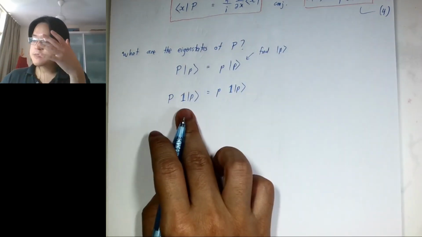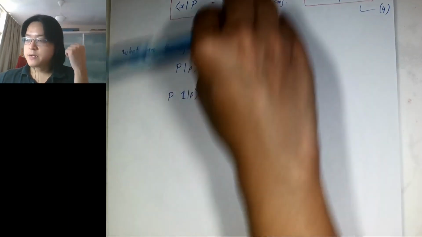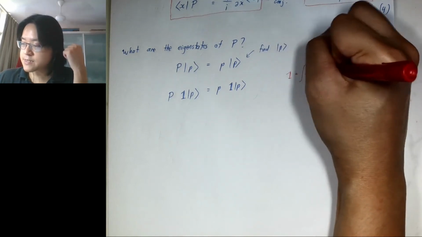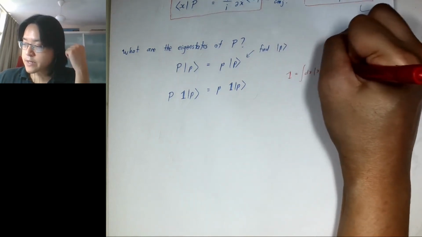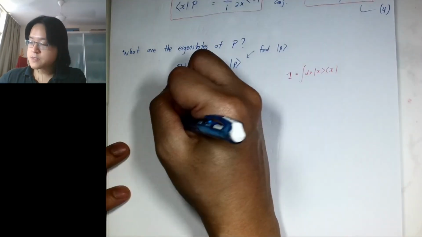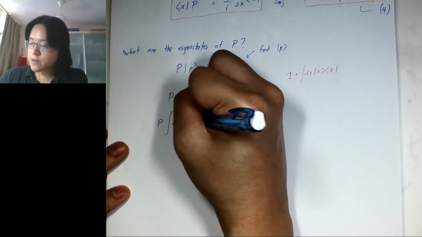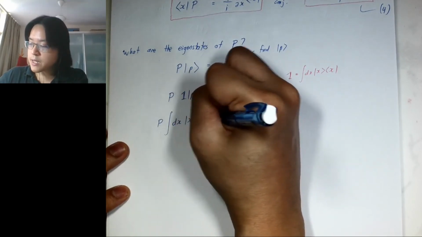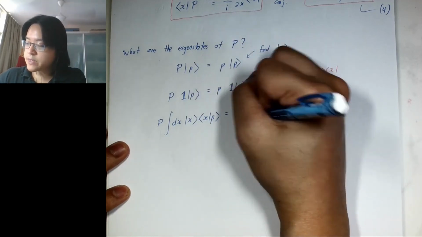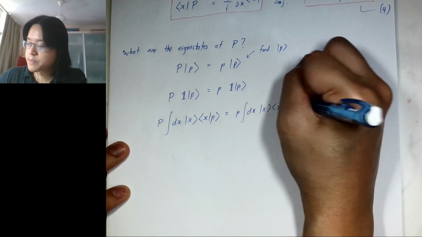Why did I do this? Because I want to use the completeness relation. Recall that the completeness relation for X is the integral of dx, ket x bra x. This is what we call inserting the identity. If I do this, then I got this, ket x bra x closed with |p>, and then this is just a number, so p integral dx ket x bra x and then |p>.